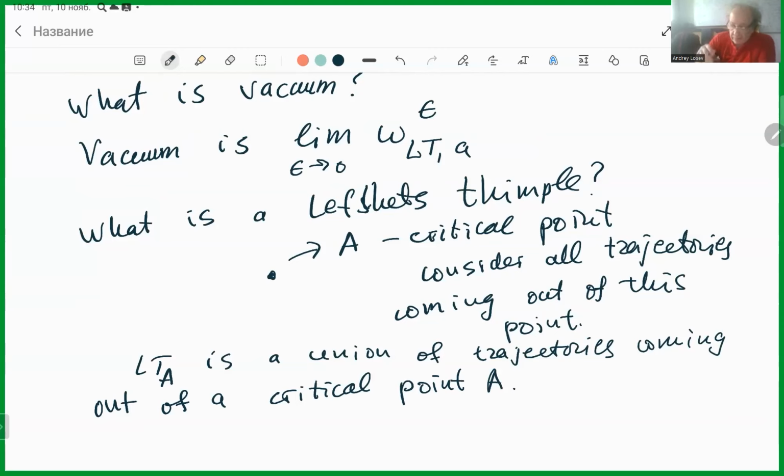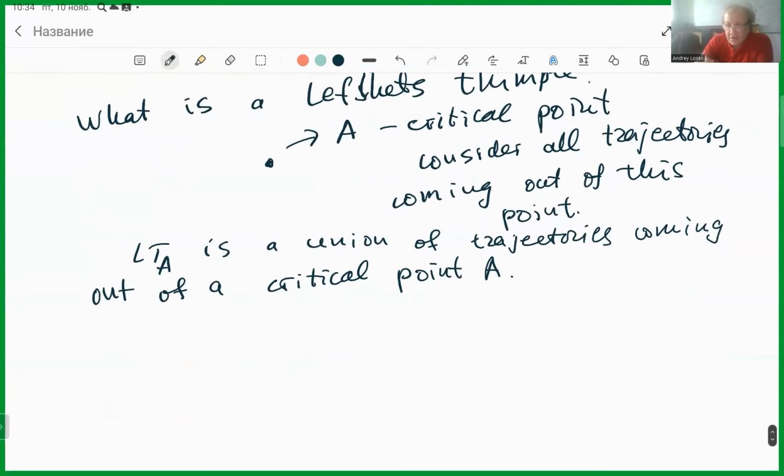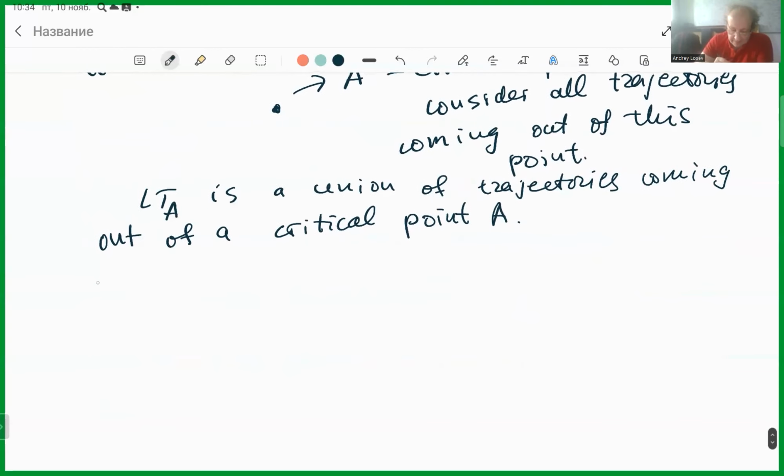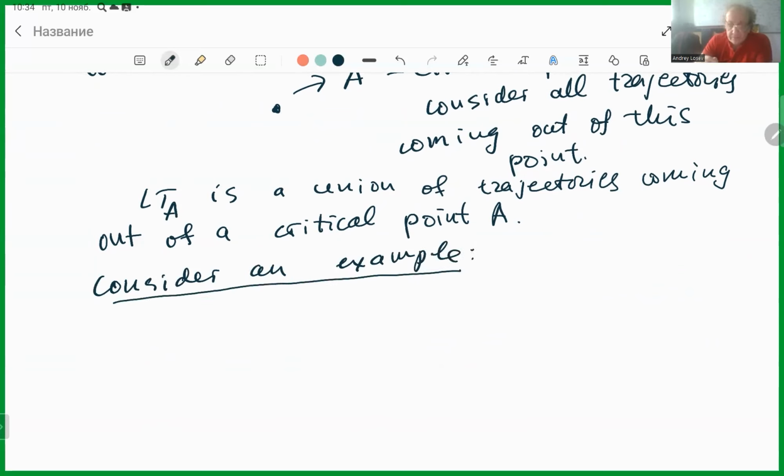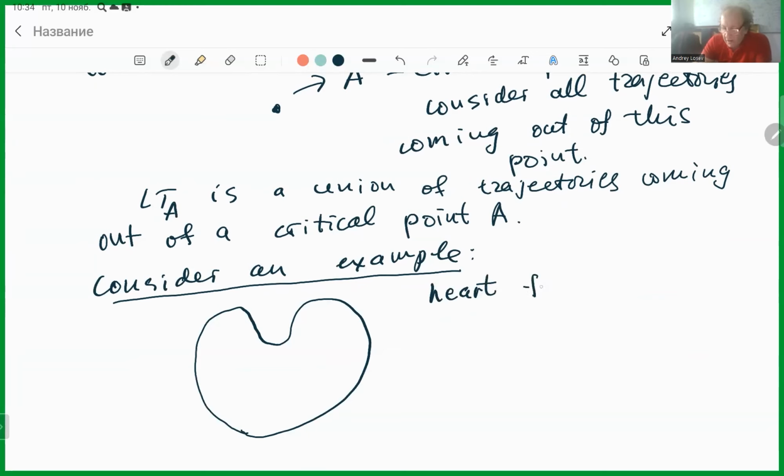So one picture is more important than many formulas. Consider an example. It's a hard figure, and W grows down.